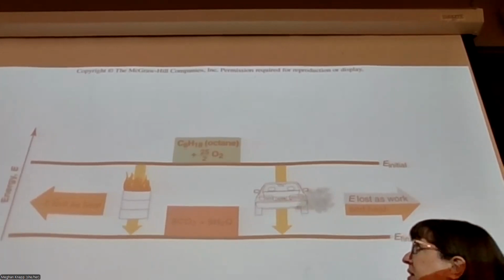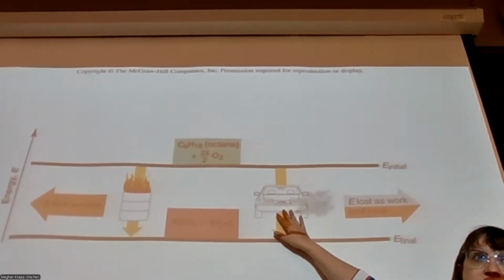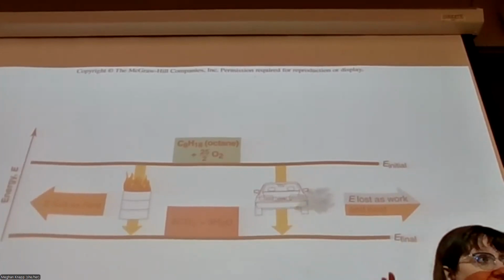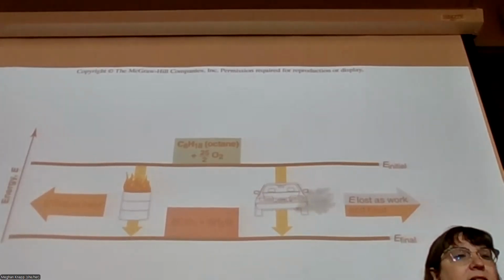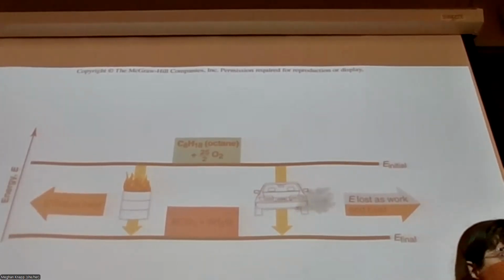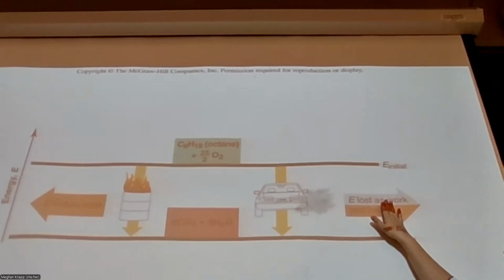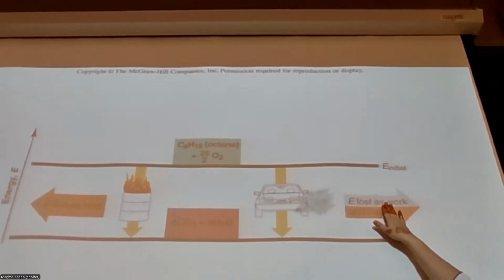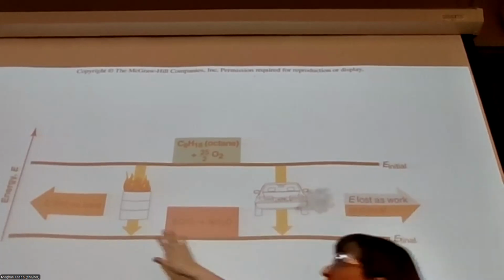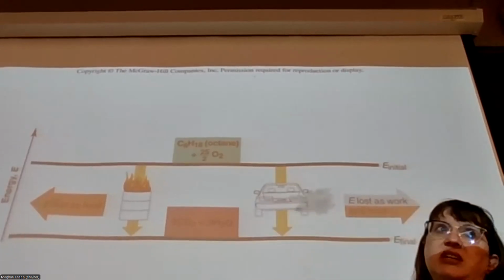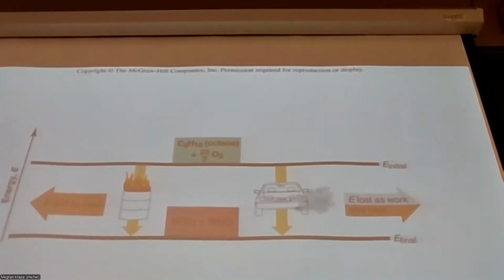Or I could have it burning in an engine a little at a time, and that engine has expanding gases, and those expanding gases get moving the pistons around, and the pistons move the car forward. So then some of that energy is turned into heat, and some of it is turned into work. And so these 2 are not state functions, but the total amount of energy is the same either way. So that's the difference between a state and a non-state function.